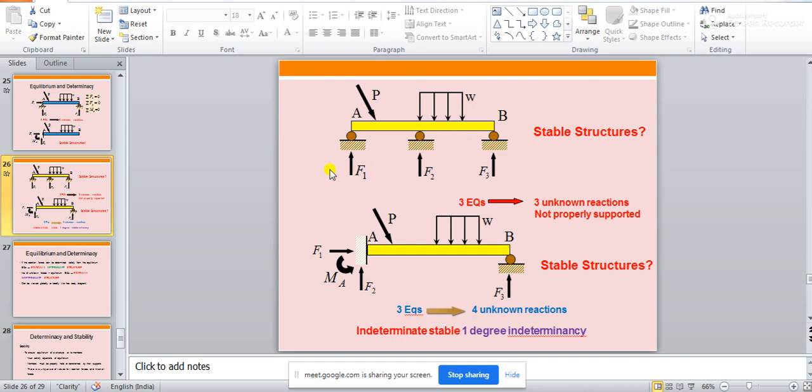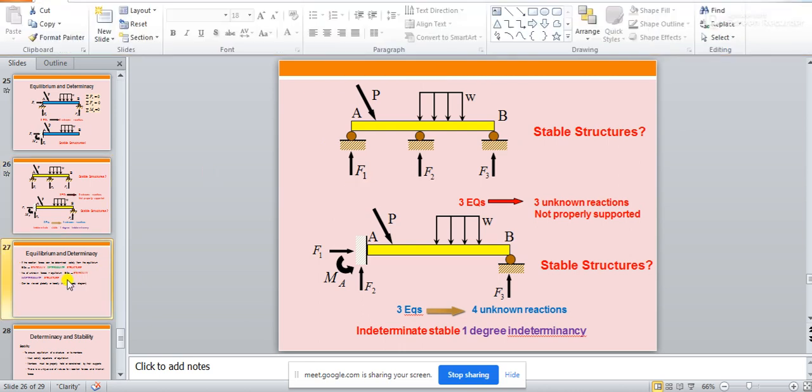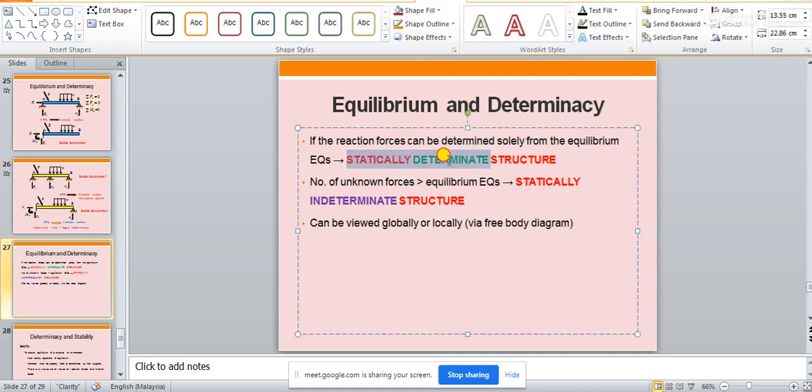However, you will see that there will then be 4 reaction components coming, 1, 2, 3, 4. So 4 reaction components are coming to the structure, and in that case the structure becomes stable, but you have 3 equations of equilibrium in your hand. So you cannot satisfy this condition.